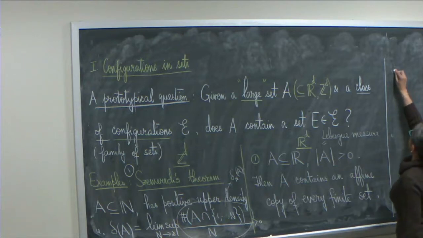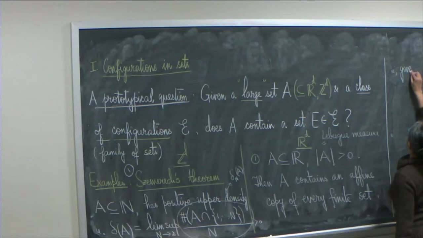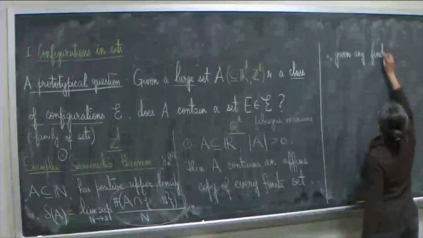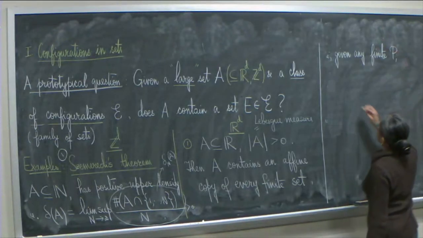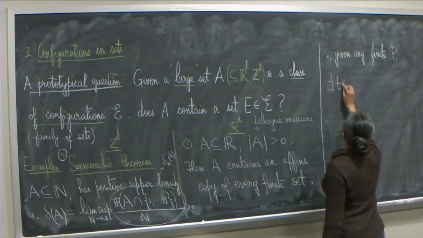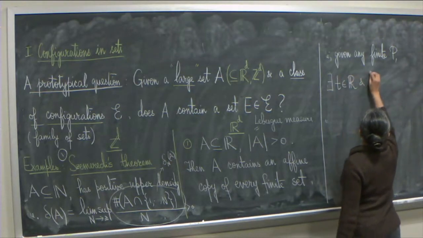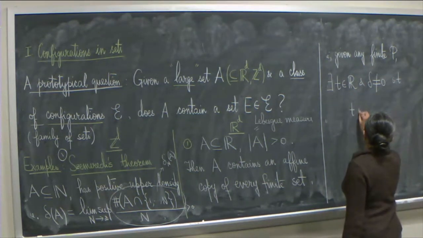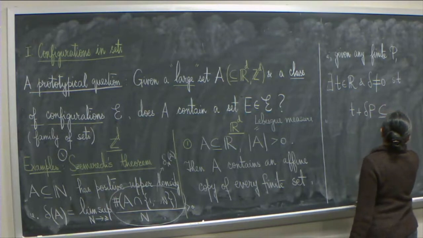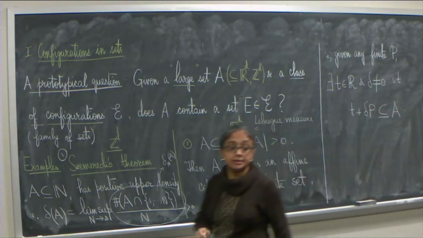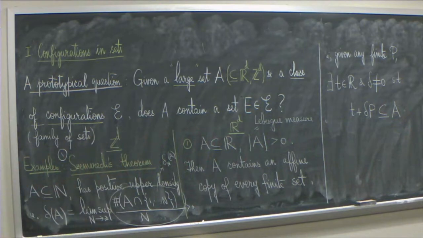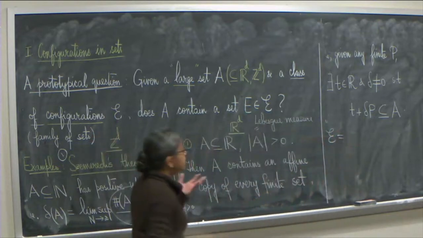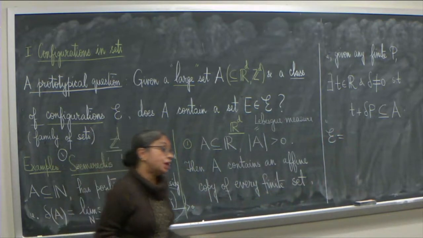Given any finite collection of points P, you can find a translate t and a non-trivial dilate delta, such that t plus delta P is contained in A. So what exactly is my class of configurations, script A, here? These are precisely all the affine copies of a finite set.